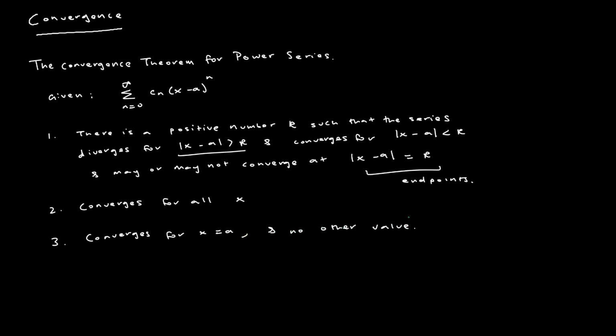So basically, when we're given a power series, we have three potential cases. Either we converge for a range around a, so since our center is a, we converge for values around a, and the range of values on either side of a is r, and this r is known as the radius of convergence.